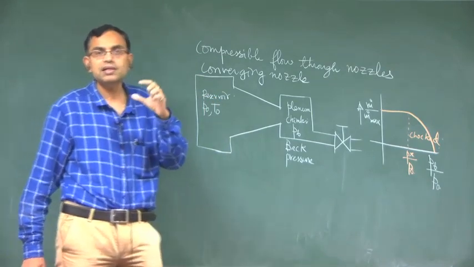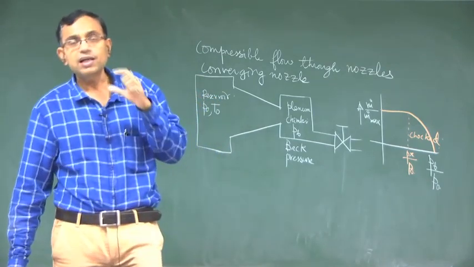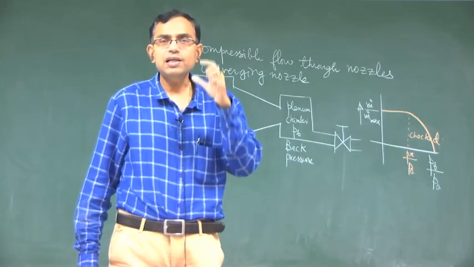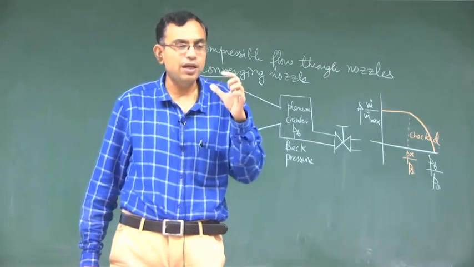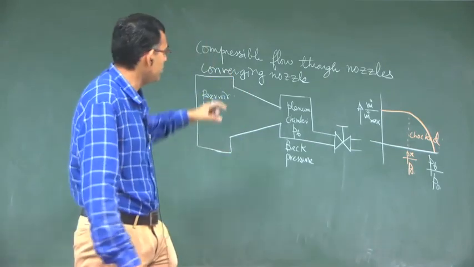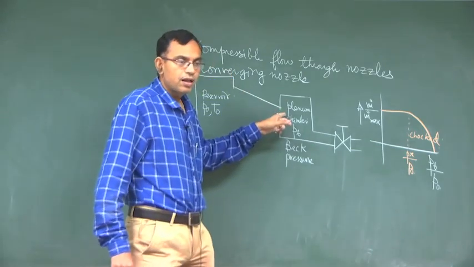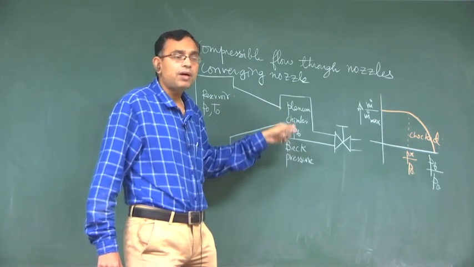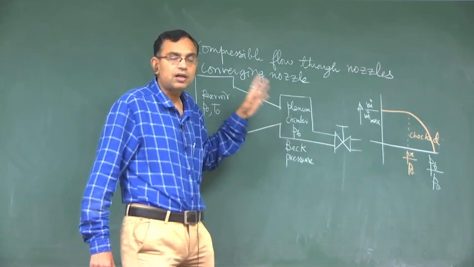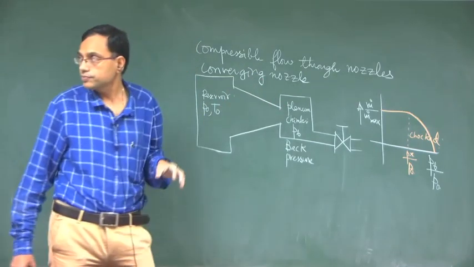This we must understand very carefully: if at all there is a sonic condition, it will occur at the minimum area. In this case the minimum area is this one, but it is not always necessary that at the minimum area the condition will be sonic, the condition may also be different from sonic.